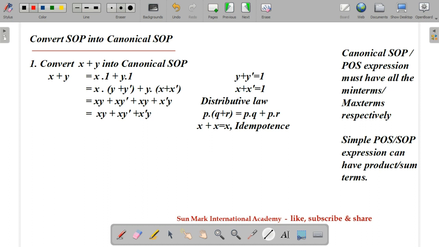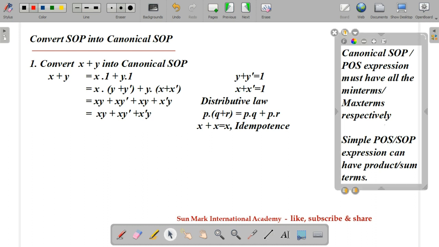So here, convert SOP into canonical SOP. Just read this point: a canonical SOP or POS expression must have all the minterms or maxterms respectively, while a simple SOP or POS expression can have product or sum terms.